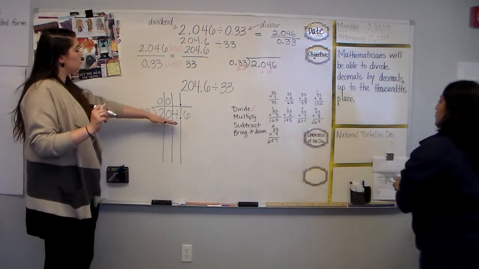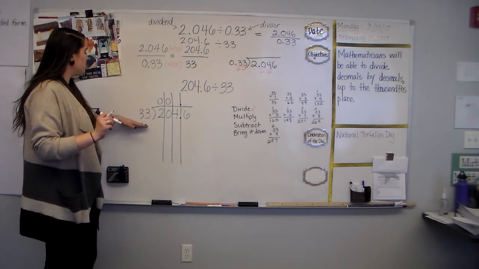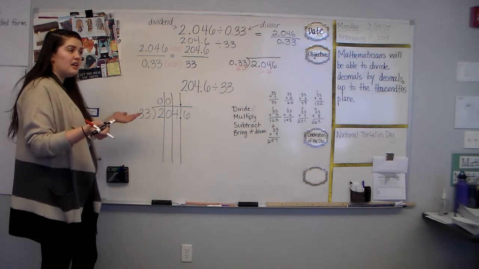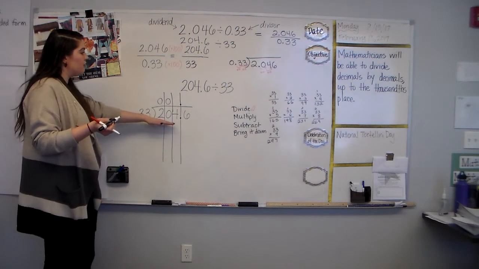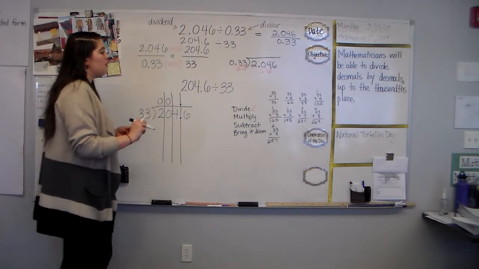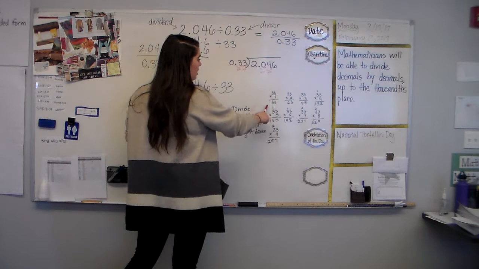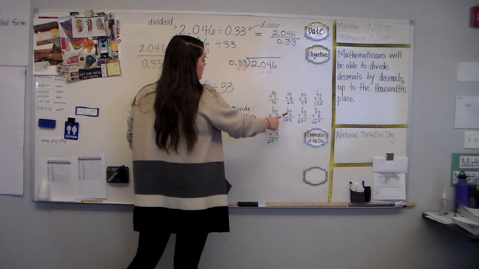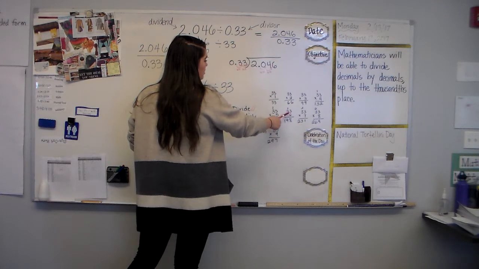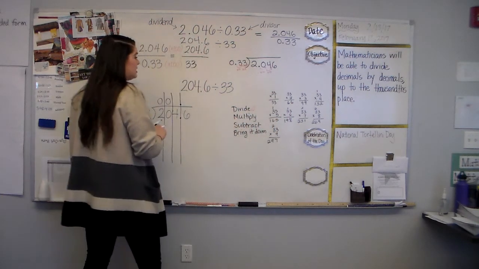Now let me see, can I do 204 divided by 33? Another way of saying that is, can I make any groups of 33 inside 204? Let me check my multiples over here. Well, I notice that my closest multiple is 6, because 33 times 6 is 198.